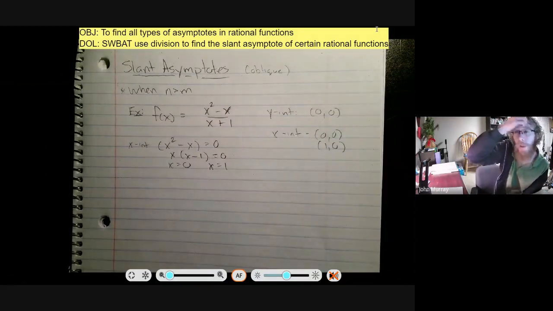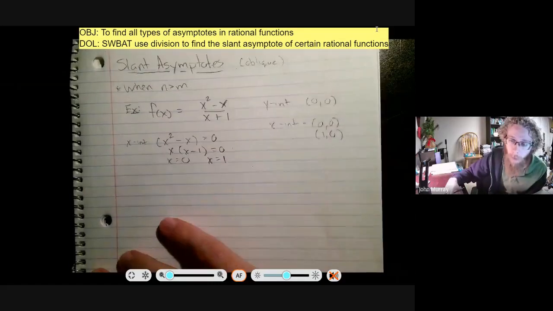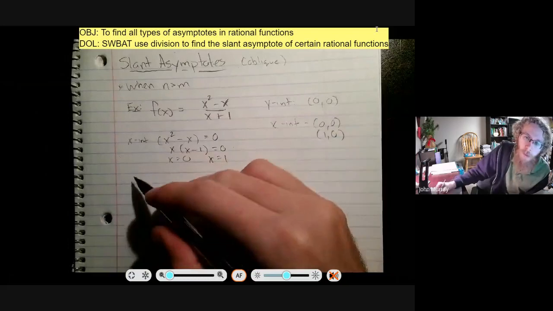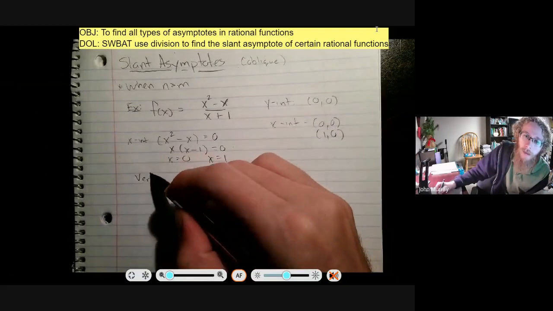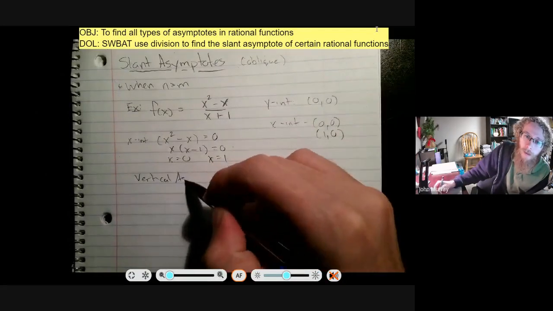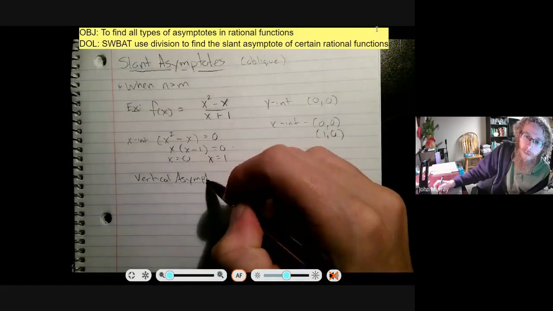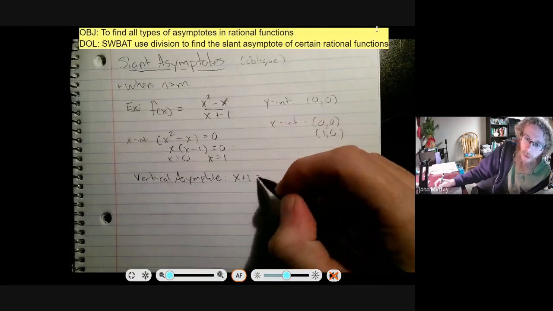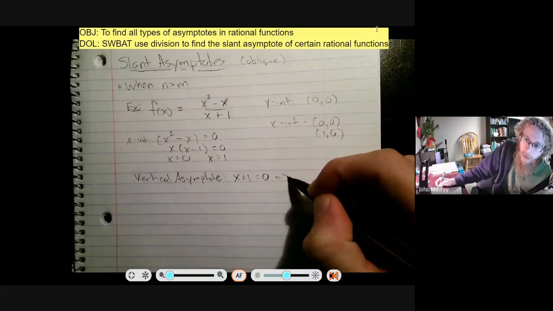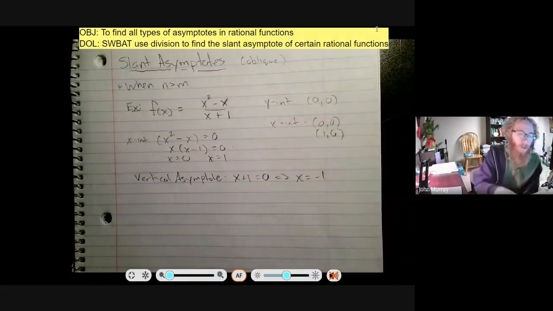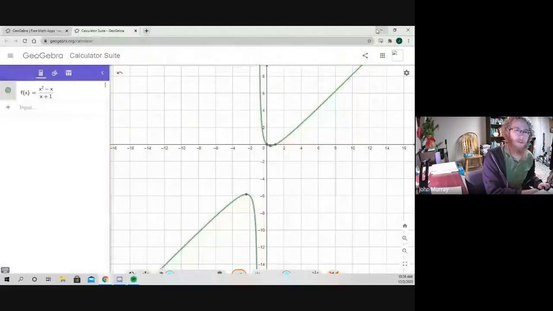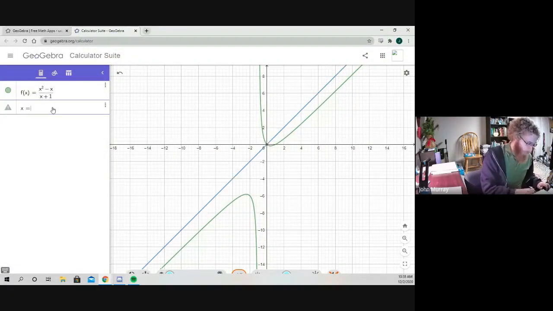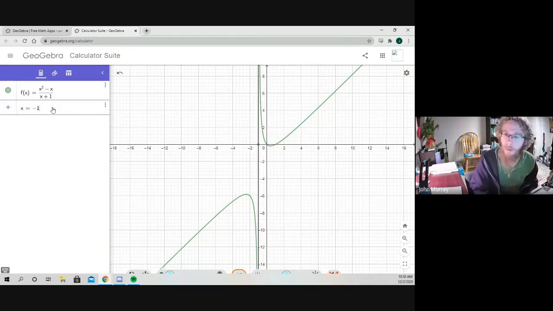So I have two x-intercepts, but again, this doesn't really help me. Our vertical asymptote, which we saw that we had: x plus 1 equals 0 is at x equals -1. So going back to the graph, if I plot the line x equals -1, there we go.